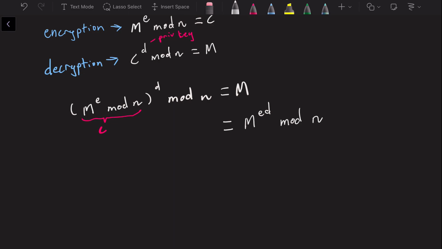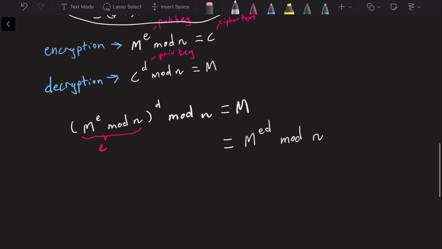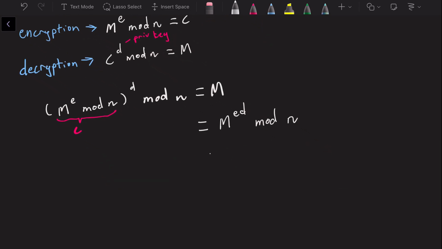And based on ed that we've rewritten just now, we can rewrite m to the power of ed mod n as m to the power of phi n x plus 1 mod n. Now let's take out the plus 1.